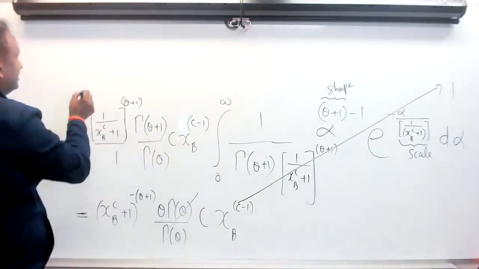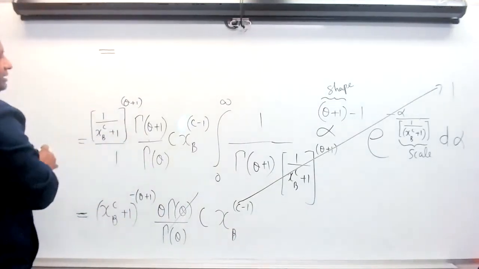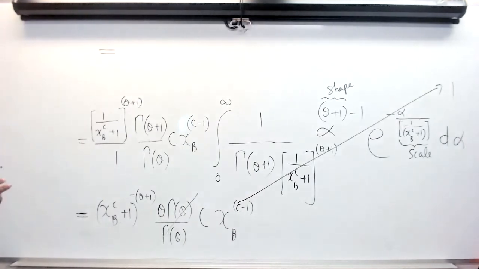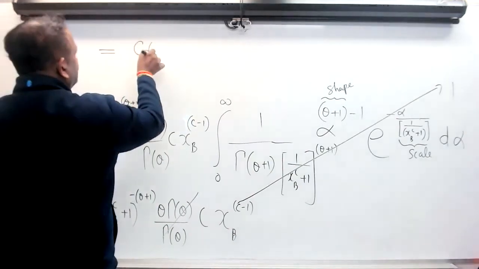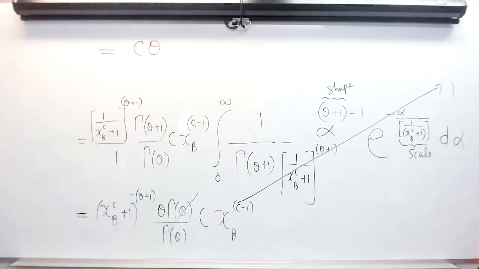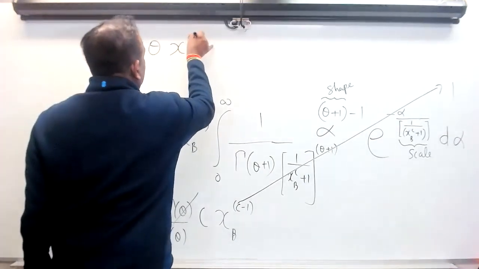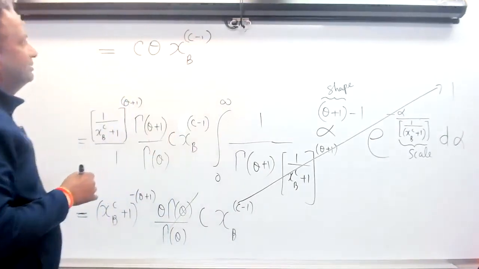So here you have c, you have theta, they both, you have x b to the power of c minus 1.